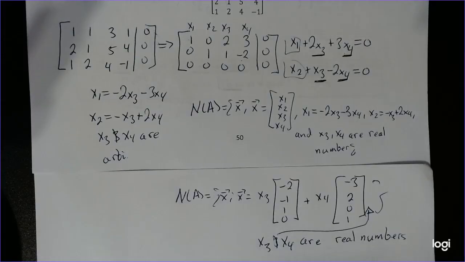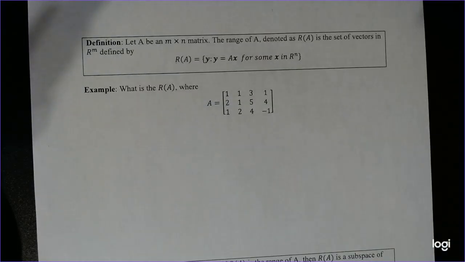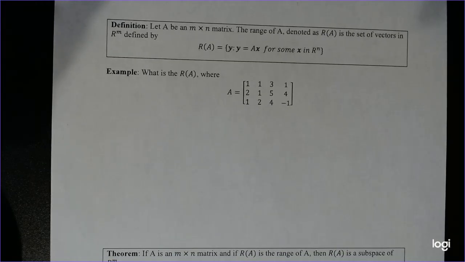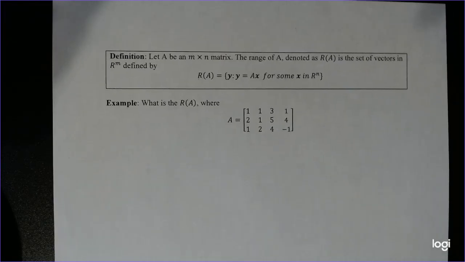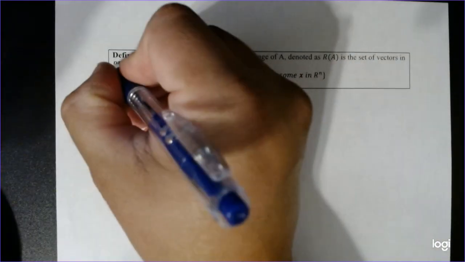All right, so let's do a couple more examples of null spaces. Well, kind of null spaces, but for sure subspaces. Okay. Next definition we talk about is called the range of A. So let A be an m by n matrix. The range of A, denoted as R of A, is a set of vectors in Rm defined. Now here's a key thing, Rm.